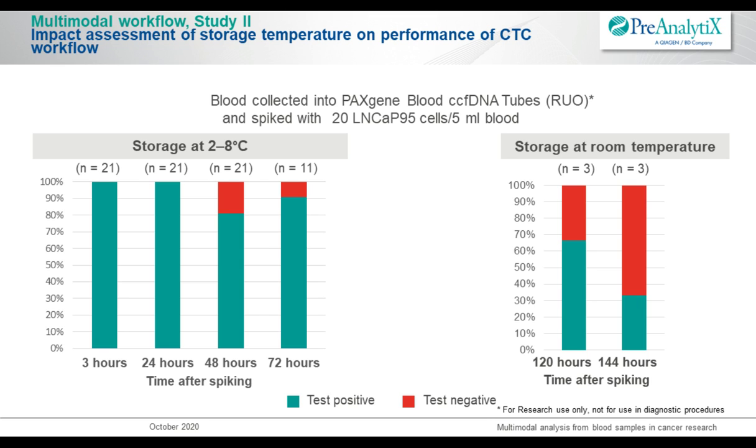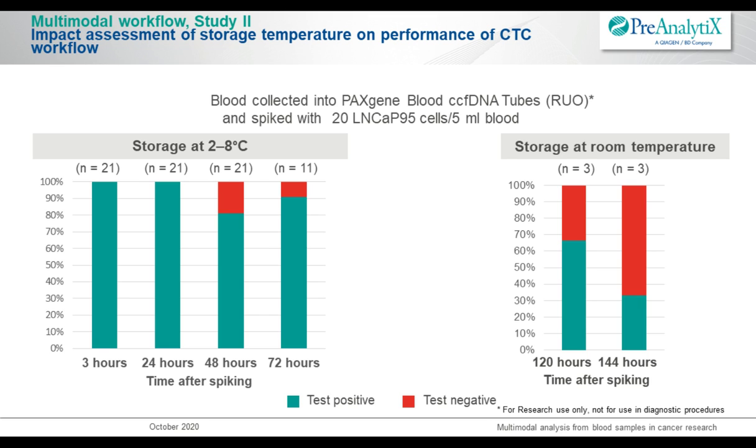You see here on the right that if you store it for even longer times, the number of samples where you could not detect the CTCs anymore is increasing. So we decided that the best workflow for our tube, the PAXgene Blood ccfDNA tube, would be cooled storage at 2 to 8 degrees for up to 72 hours.